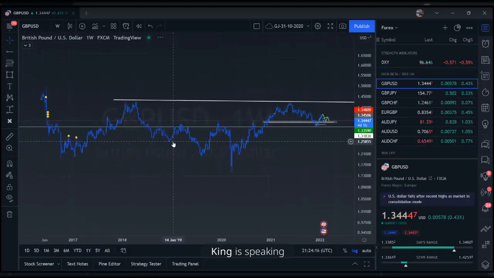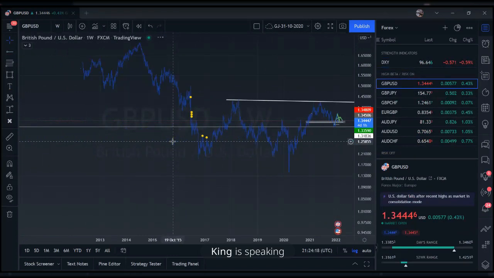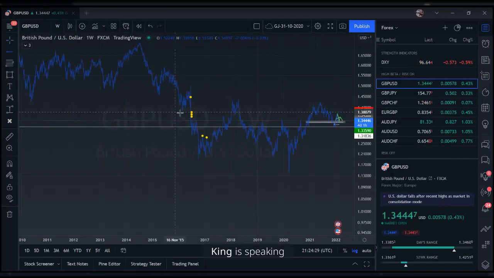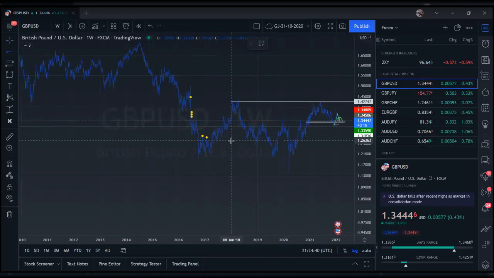I do believe that wherever we are right now, this range between sort of, let's say 140, is that 140 there? That's 138. Say here, and I'm actually not going to say these lows.